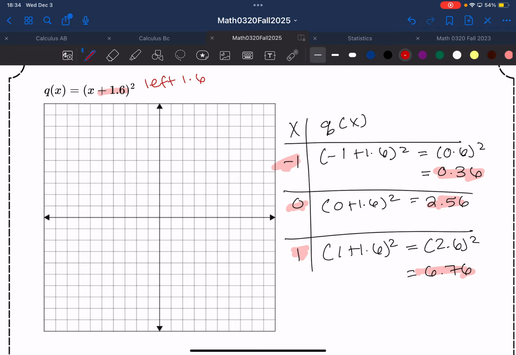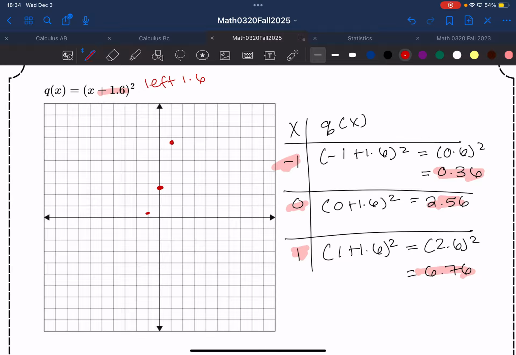I have -1, 0.36, so it's just a little bit above 0. Then I have 0, 2.56, so 1, 2, 2.5. And then I have 1, 6.76. 1, 2, 3, 4, 5, 6, so somewhere around here.